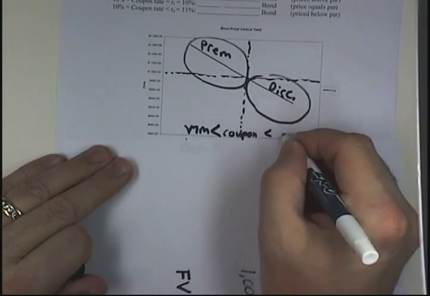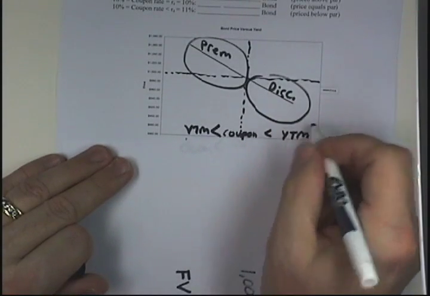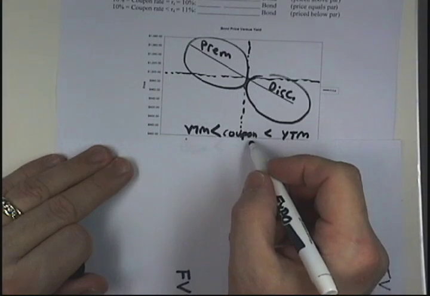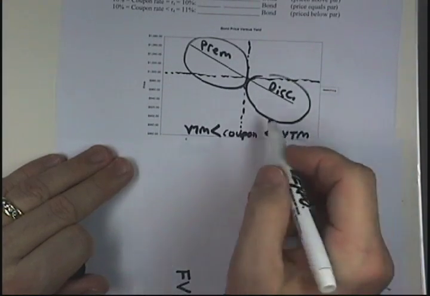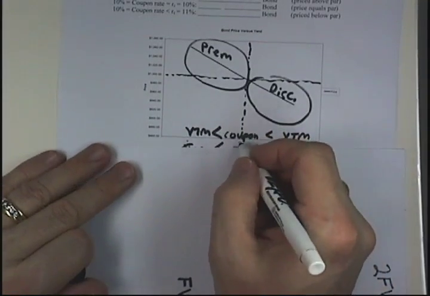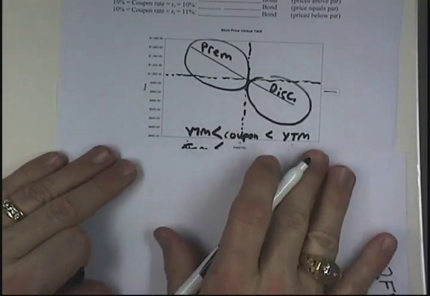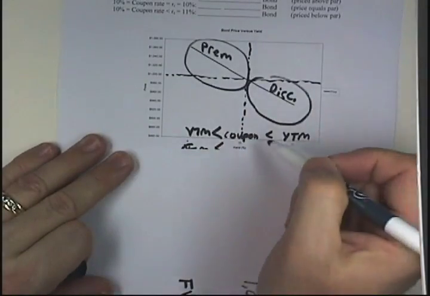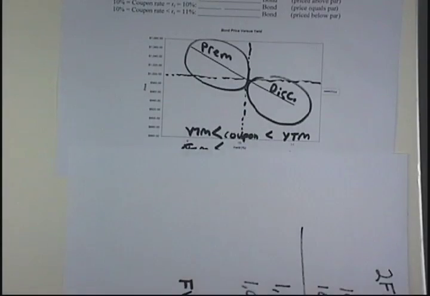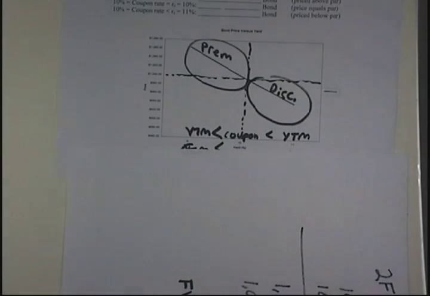And when the yield that investors demanded was above the coupon rate, the only way they could get that additional return was to buy the bond at a discount. When the yield to maturity down here on the horizontal axis increases, the bond price declines, so prices and yields are inversely related. And then we saw in the chapter the bond with the longer maturity lost more value when the rates went up compared to the shorter maturity bond.